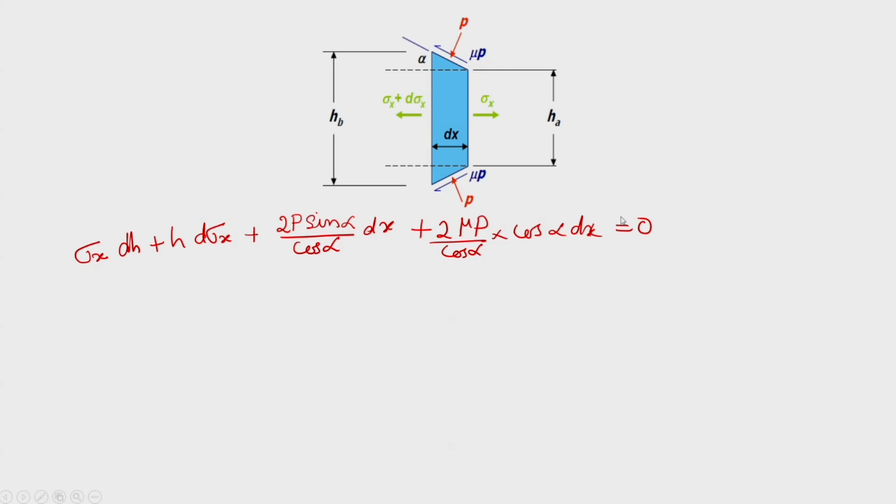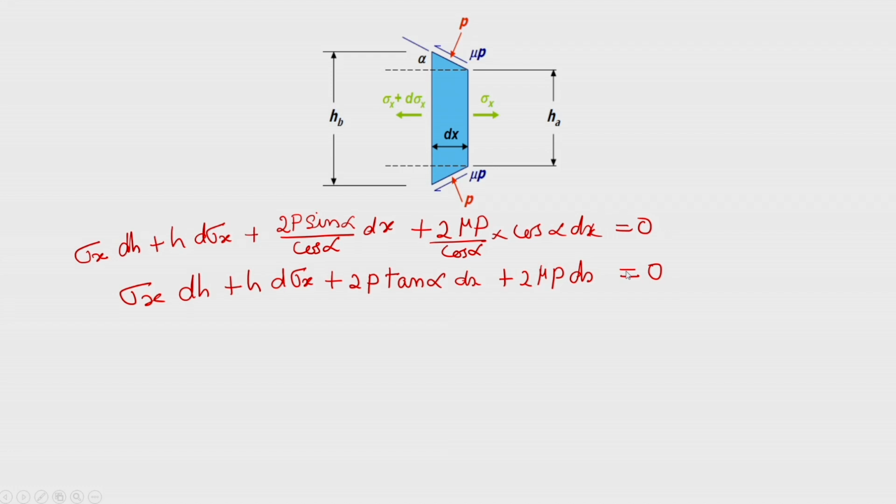On simplification we can write it this way: sigma x dh plus h d sigma x plus 2 p tan alpha dx plus 2 mu p dx is equal to 0.